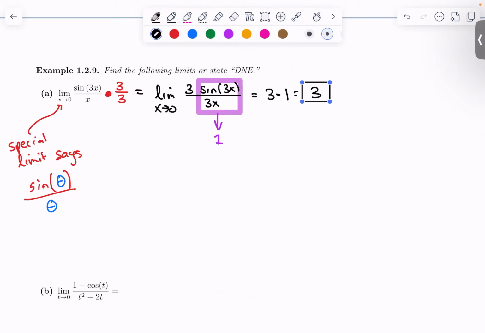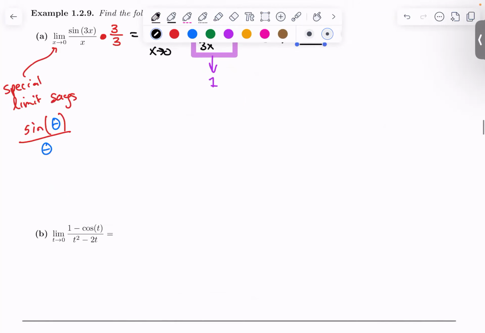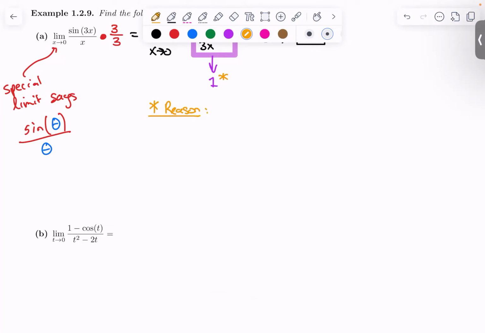Now, there are many different ways we can verify that. There are two main options, and we'll just focus on one. The reason, I'm going to put an asterisk, is we're going to let y equal 3x. Then, as x goes to 0, what does y go to? 0 as well, right?